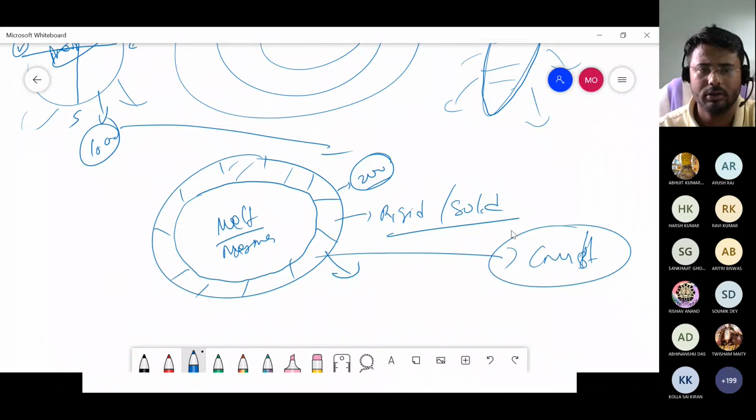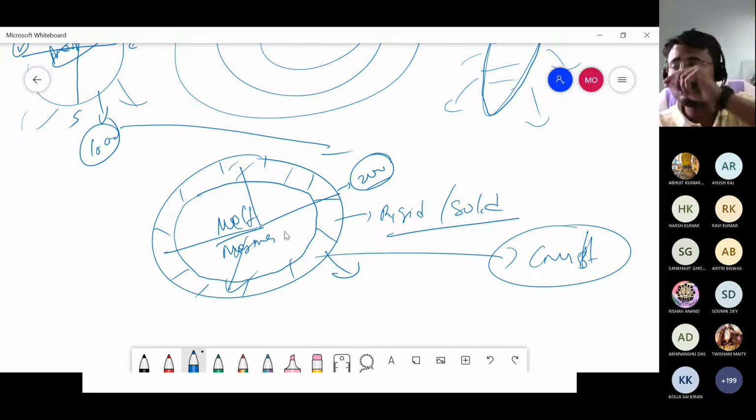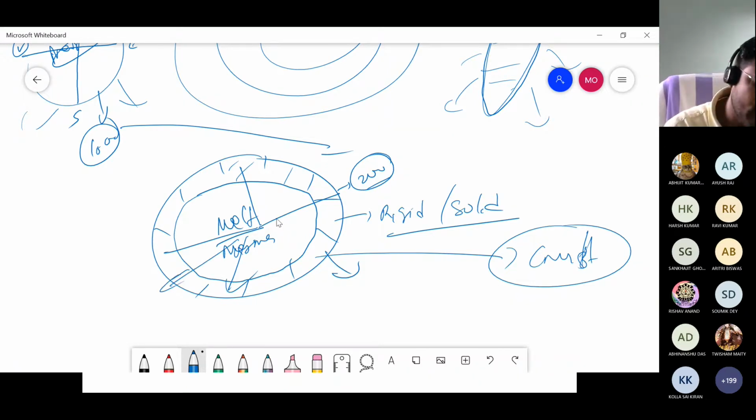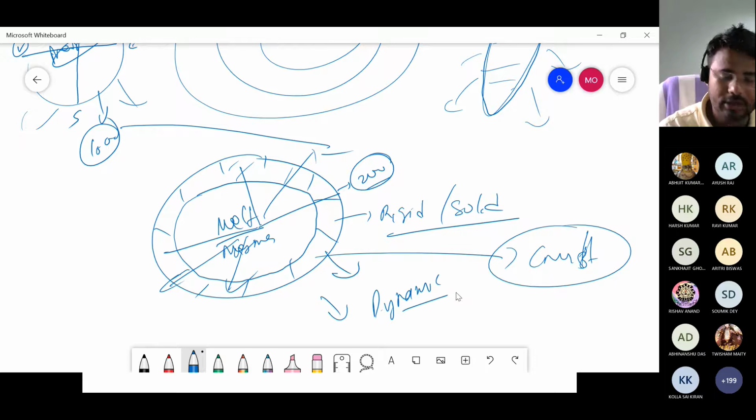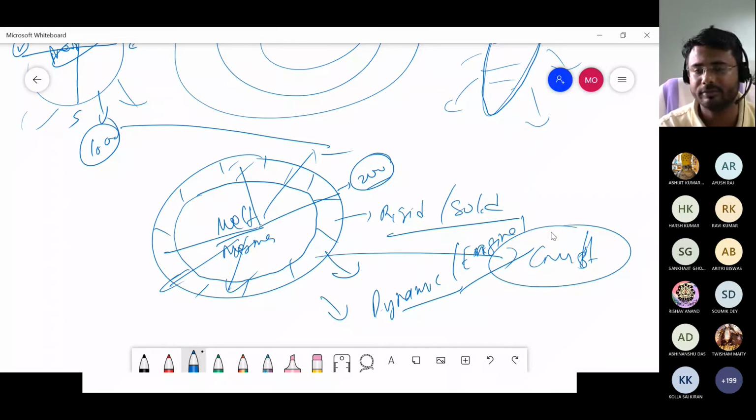Okay. So this transfer of heat from the internal part of the earth is still going on. Just because it is still going on, we call our planet a dynamic planet, because we have an engine inside which is running.